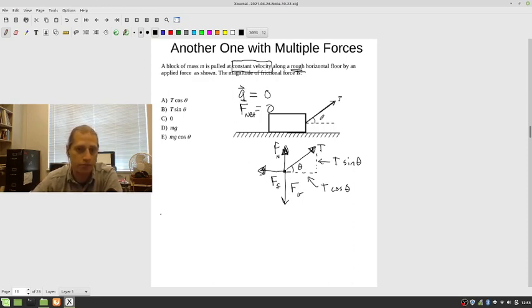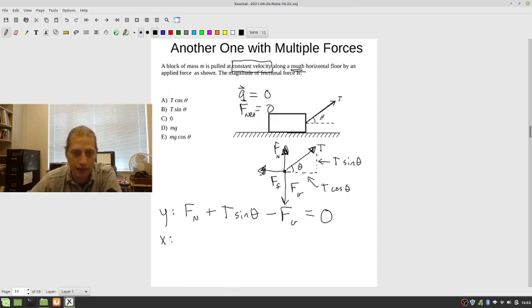For instance, in my y direction, I would have the normal force plus t sine theta, since this is pulling in the up direction. And then my gravitational force is going down, so minus Fg equals. Now, it would be F net equals ma, but in this case, I'm not accelerating in the vertical direction, so I would say it equals 0.